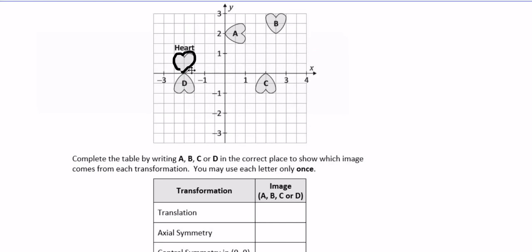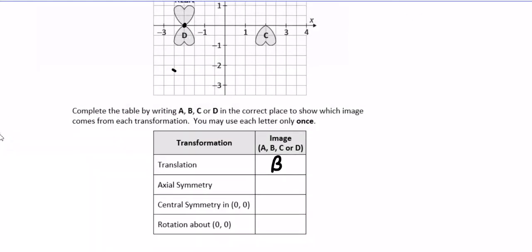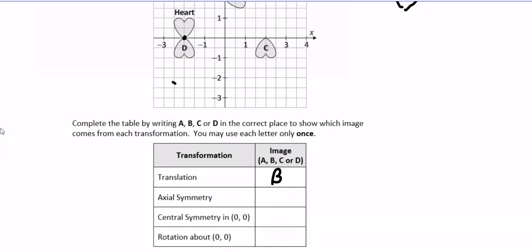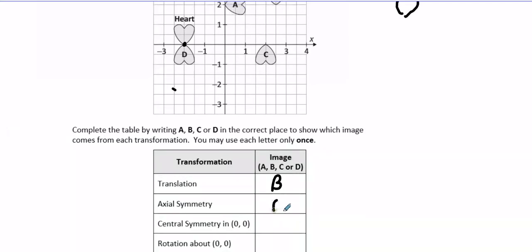So you can map A onto B. So A to B is definitely a translation. Now, D is a mirror image in the x-axis, so D will be axial symmetry in the x-axis, because we can see it's reflected in the x-axis.